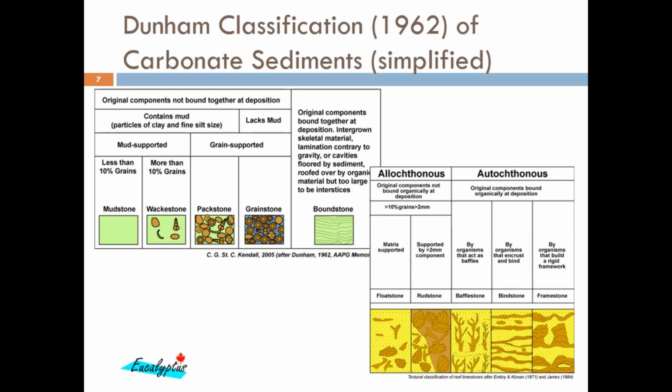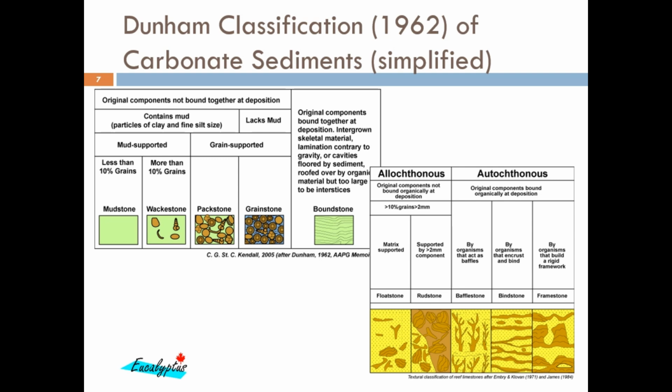Okay, but here we have the simplified Dunham classification, and there are two parts. This is the Dunham classification for limestones with particle size typically less than 2 millimeters.